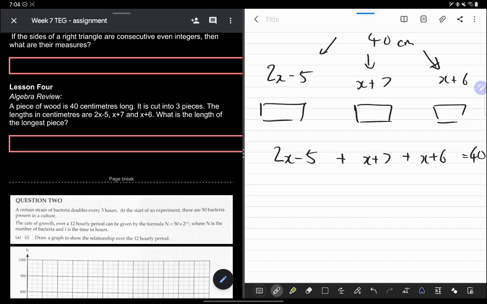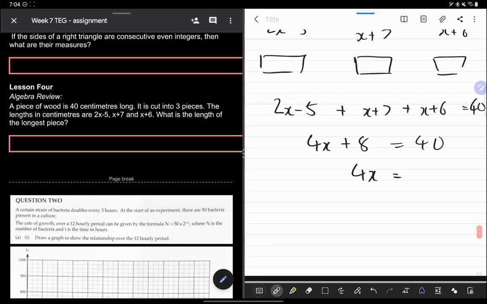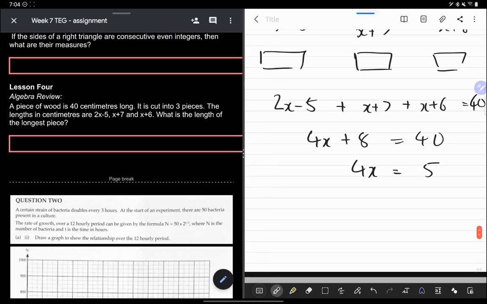So here, like terms, I have 4x, and I have 13 minus 5 being 8, positive 8, equals 40. I can move the 8 over that side, so it's 4x, which is 5. So x has to be 5 over 4, which also is 1.25, I believe.